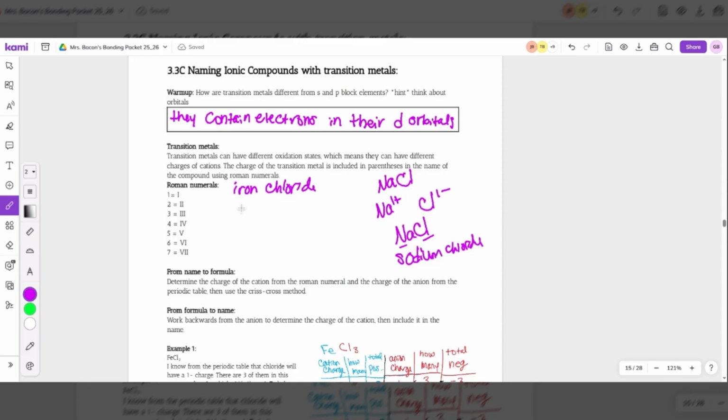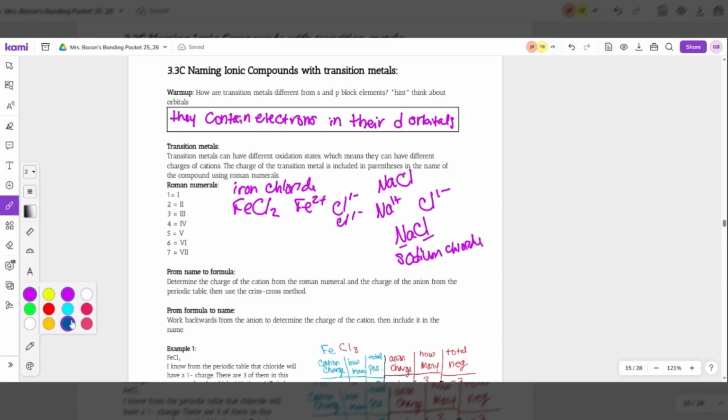So this could be FeCl2, and that would be equivalent to 1 Fe2 plus and 2 Cl1 minuses. So it could be this.